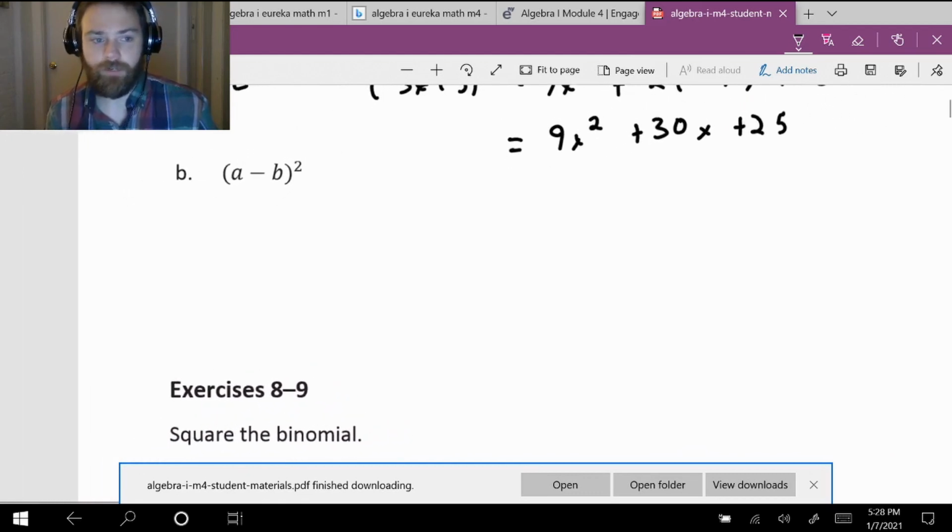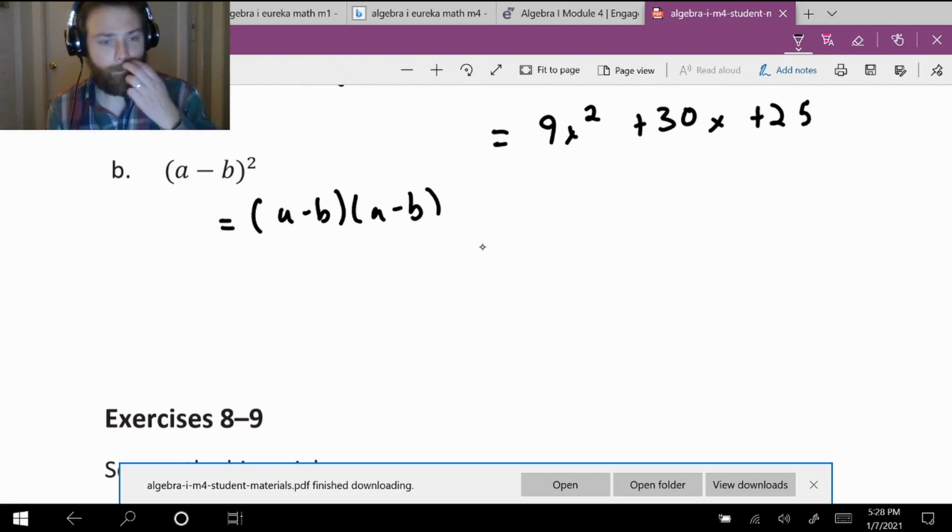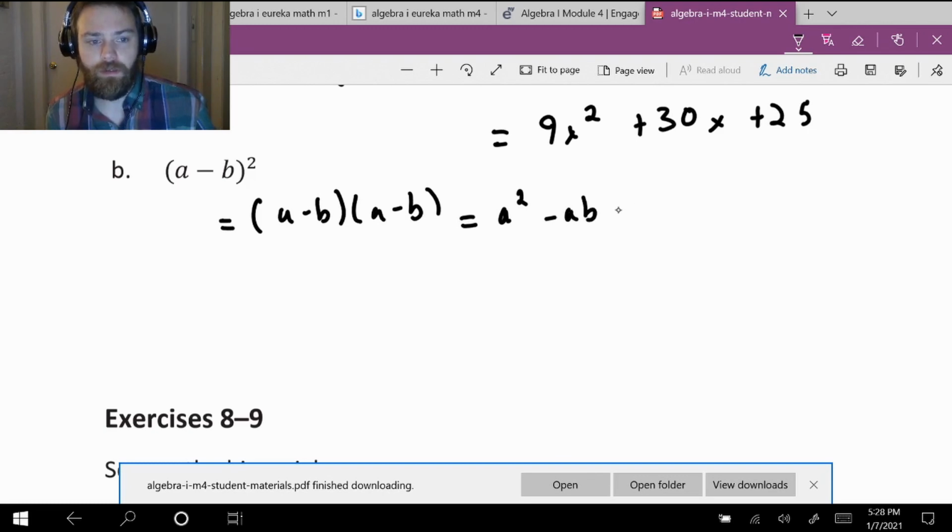So down here, something similar. We've got a minus b squared, and this is equal to a minus b times a minus b. Well, this is equal to a squared minus ab.